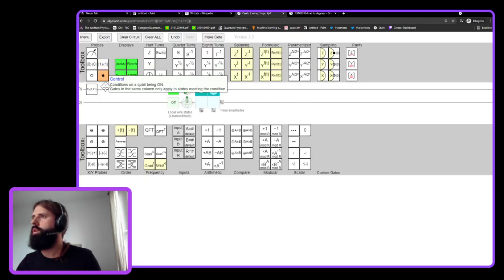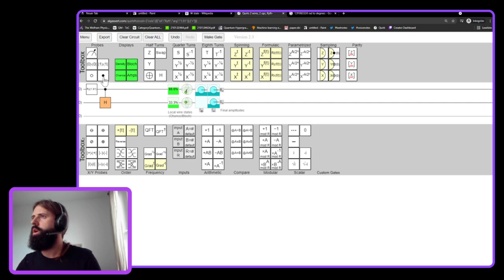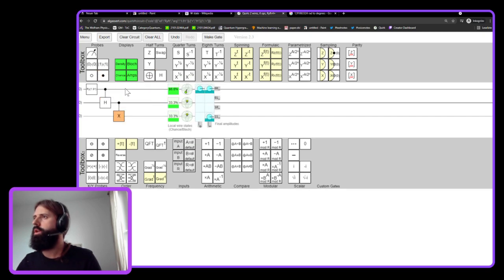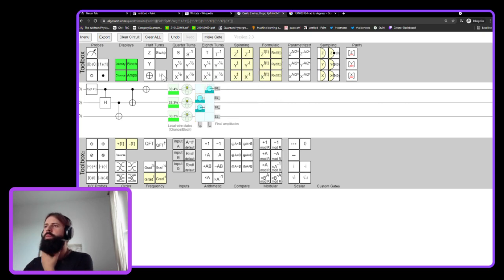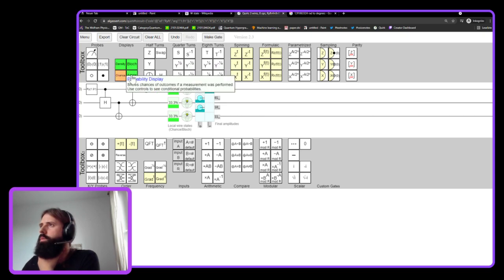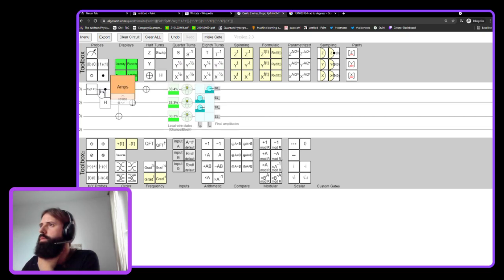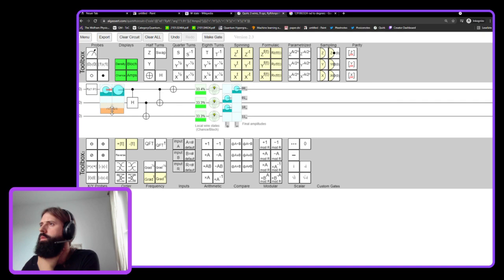So control Hadamard, let's first see if this works. Control node and control node and not gate. Yeah, there you go. That's the state that we have. So what's the state here?